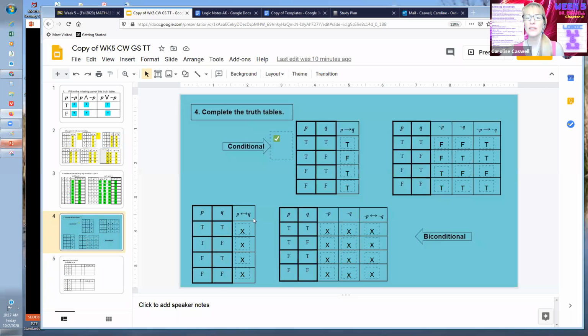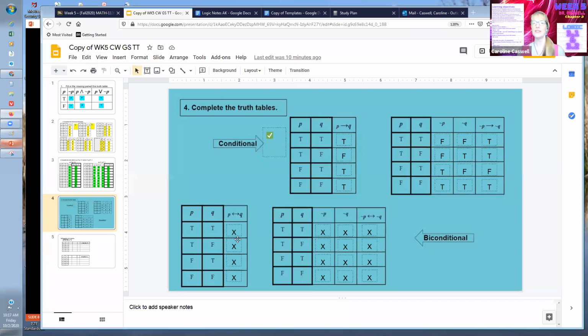So let's go back to our number 4 and take a look at our if and only if. This column here is going to be our main one that we need to know. It's our Bible.